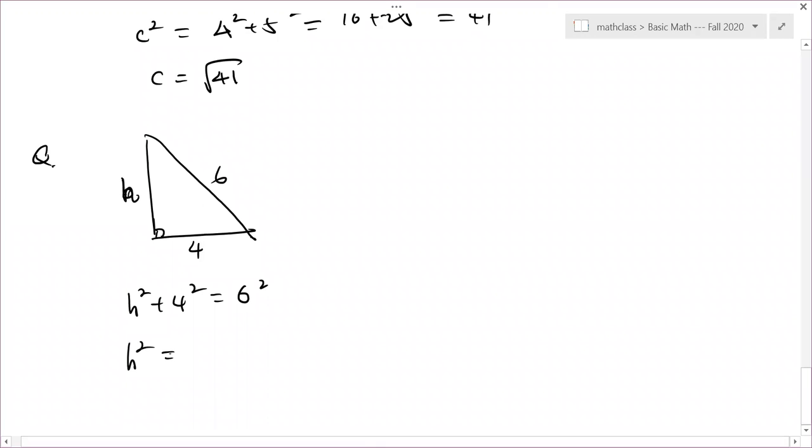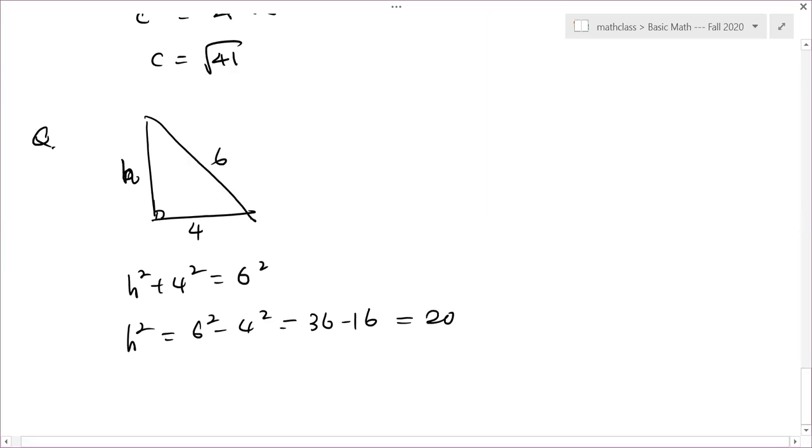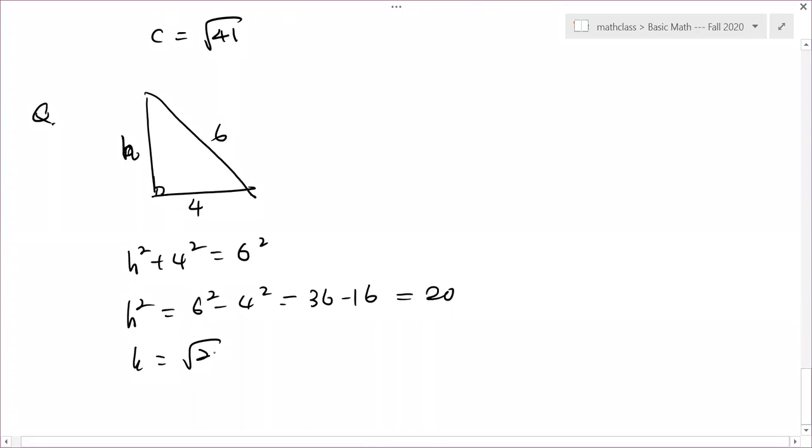So H squared equals 6 squared minus 4 squared, which is 36 minus 16, 20. So H is the square root of 20. The square root of 20 can be simplified as 4 times 5, so it's 2 square root of 5.